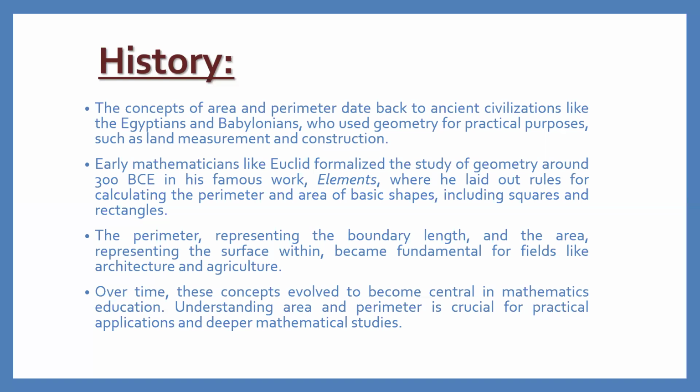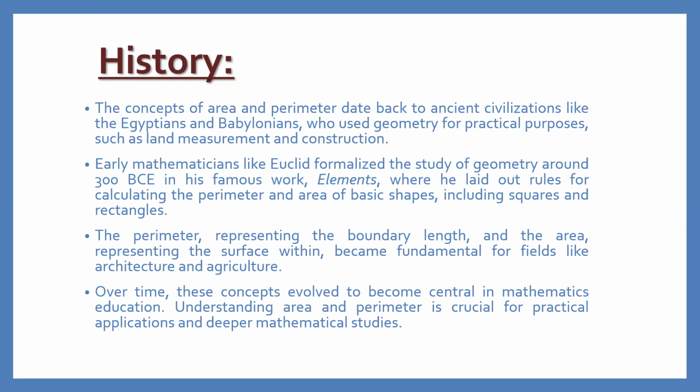So, here is a small history related to the concepts of area and perimeter. The concepts of area and perimeter date back to ancient civilizations like the Egyptians and Babylonians, who used geometry for practical purposes such as land measurement and construction.